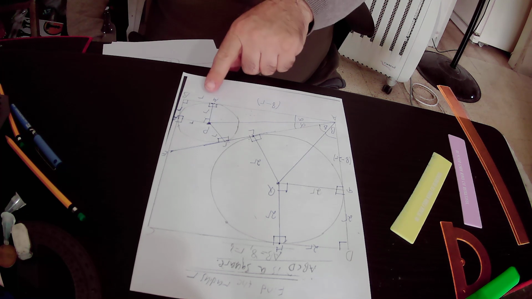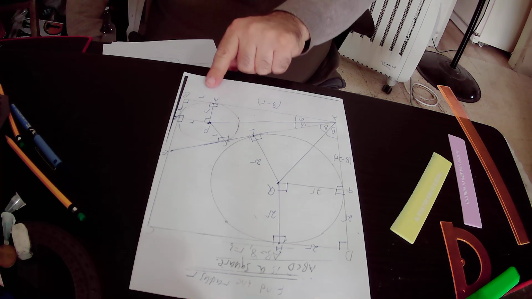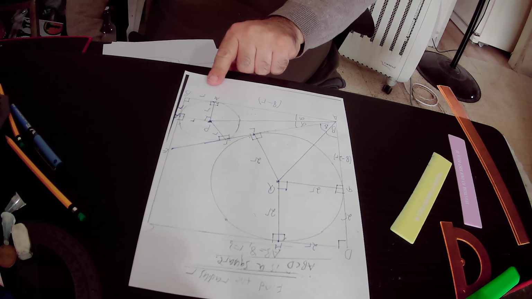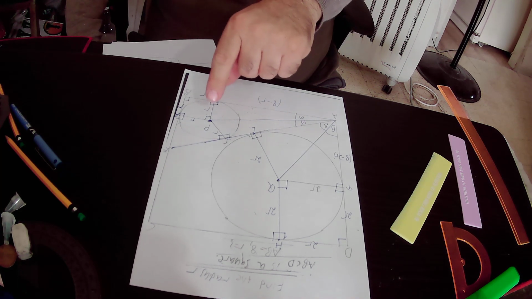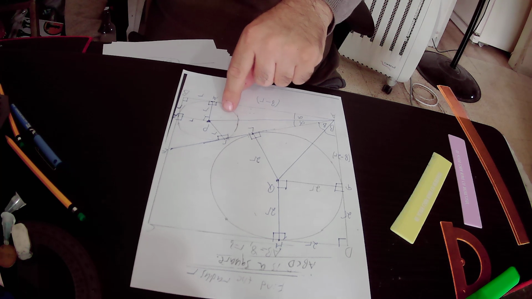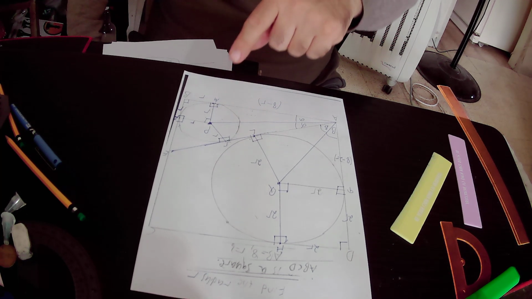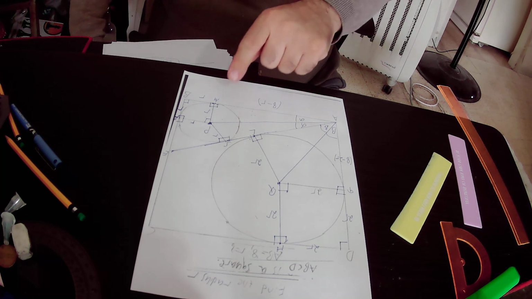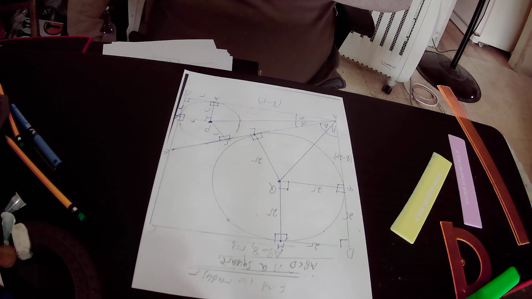So because this side is R, then this side also must be R. And also we know that PM and FB, the opposite sides of a rectangle, are equal to each other. So PM equals FB, and we know that PM equals R, so FB also must be equal to R because those two sides are equal to each other.